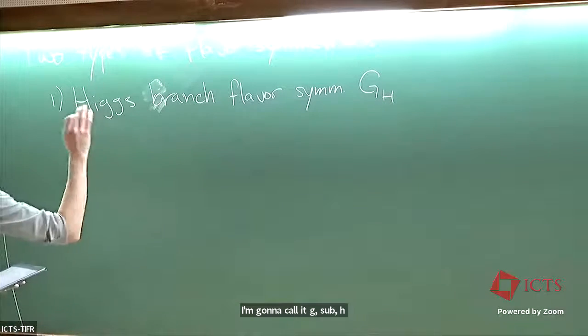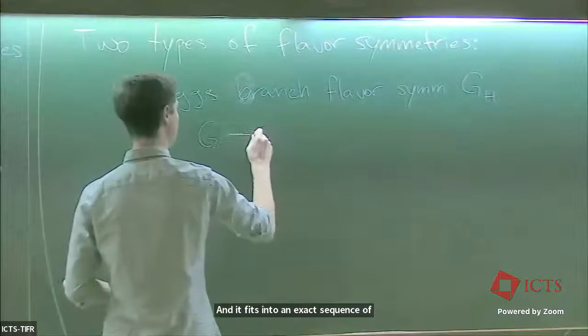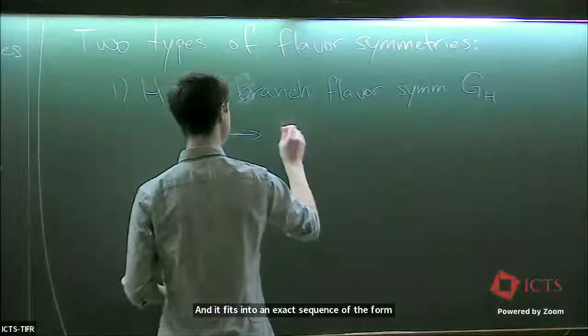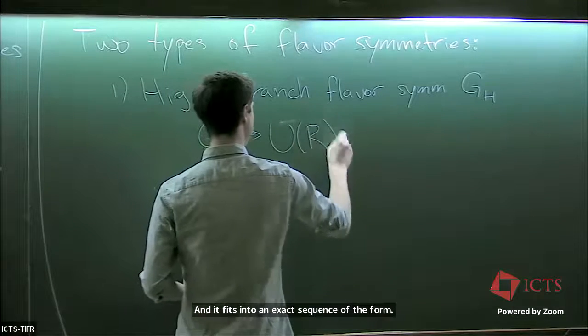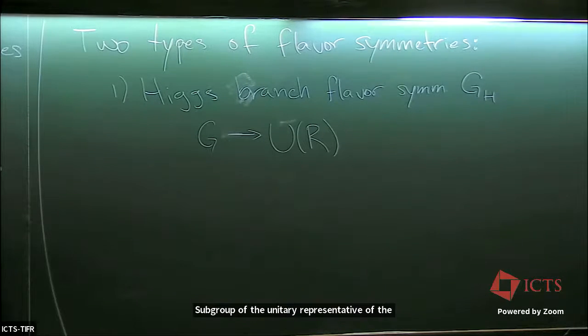And it fits into an exact sequence of the form G. Well, I said that it was some subgroup of the unitary group that rotates R. In some sense, by doing the splitting, I've taken the unitary symplectic rotations and split it into just two copies of the unitary representations that are sort of off diagonal, or sorry, diagonal with a negative on the bottom.